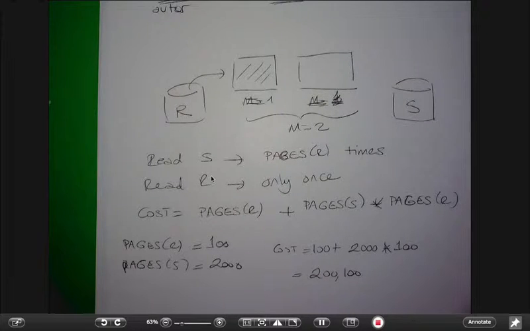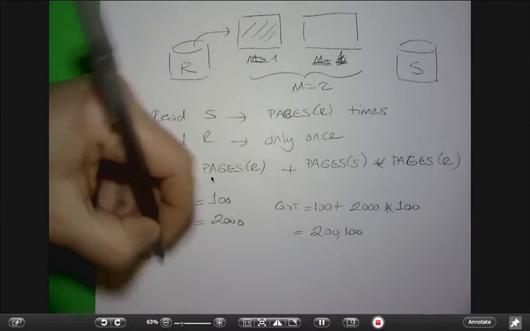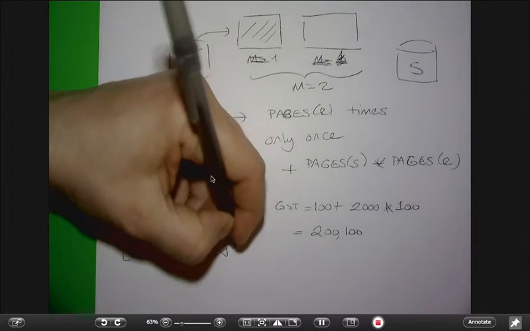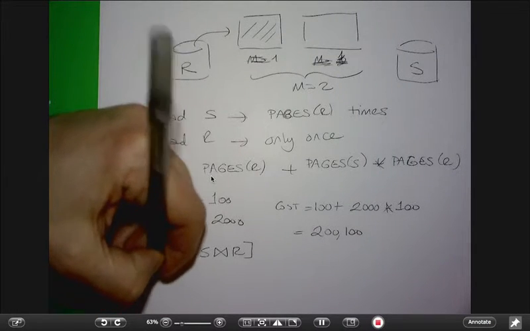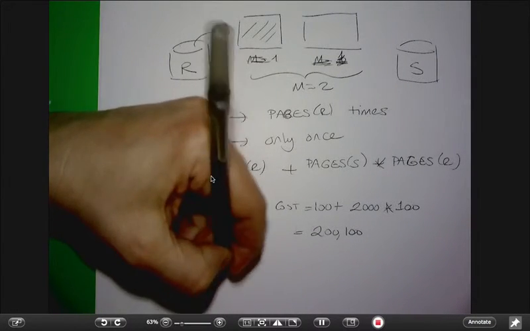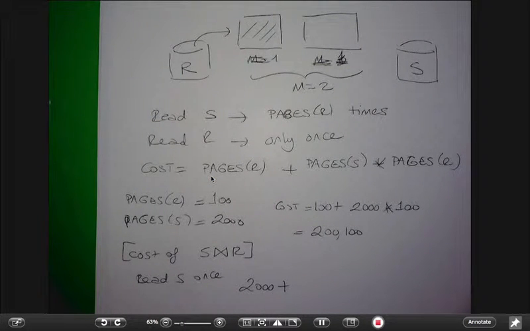Right. Now, would it be different if I were to switch them? What if R was inner and S was outer? So what would be the cost of S join R? I do it the same way, but now I read S only once, right? So read S once, which is 2000, and then read R 2000 times.